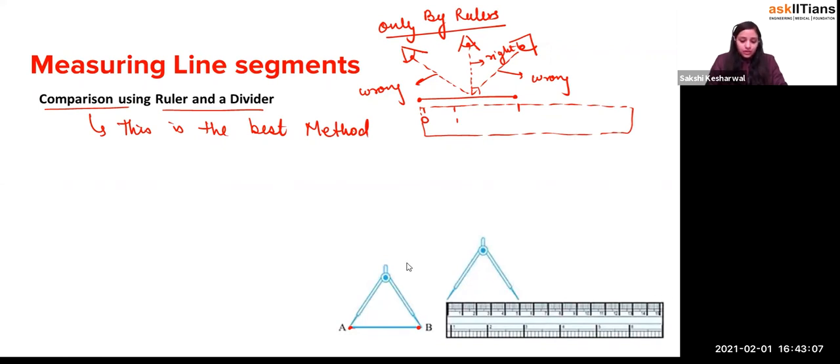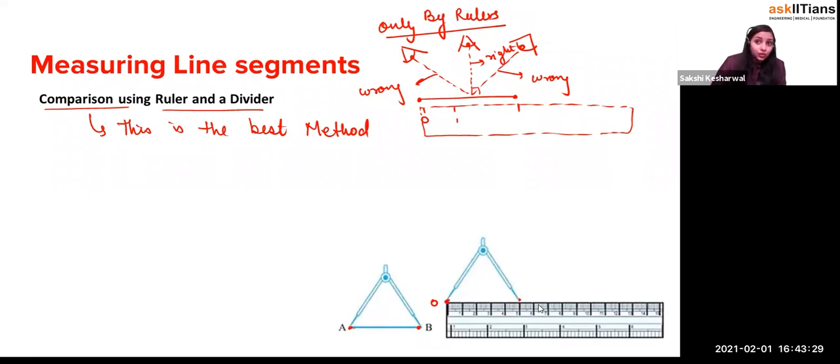This is the most appropriate method which everyone should be using, because while doing constructions, we prefer that students measure the line segment using dividers, not scales, right? You put your divider on the zero and then see where it is going, just measure it, that's it.